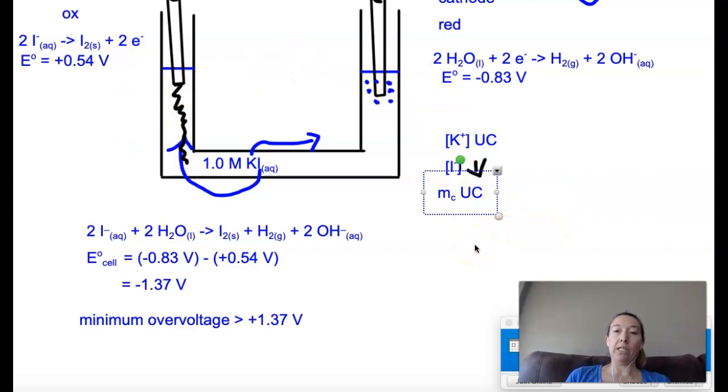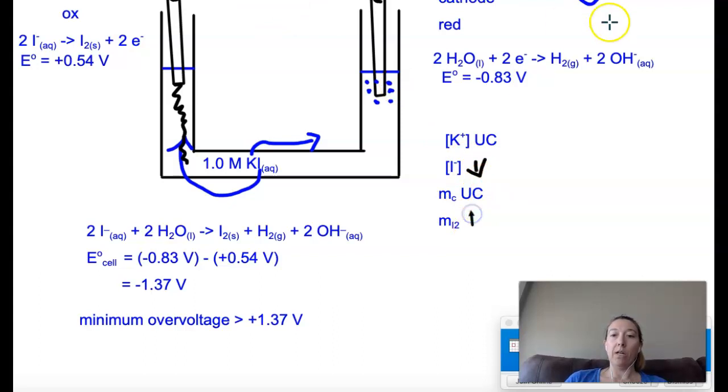But what's different is I have to talk about some other stuff because I produce some things that weren't originally in here. So I have to be able to indicate that I made those. So I need to talk about the mass of that iodine, right? Because we made iodine. So as we made that iodine, the mass of that will have increased, right? Then we need to talk about the concentration of hydrogen gas, right?